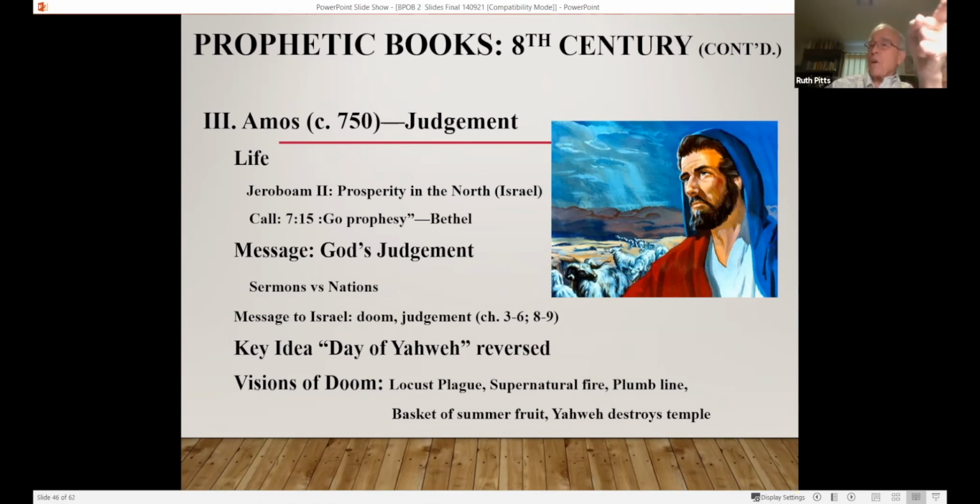The prophets reverse this idea of day of Yahweh of being a big privilege for us as, hey, we have a responsibility or we're going to be paying for it. So he has these visions of doom. It's like a locust plague or a supernatural fire, like a drought, a supernatural underground fire, or a plumb line, which a carpenter uses to measure things and to get it accurate.